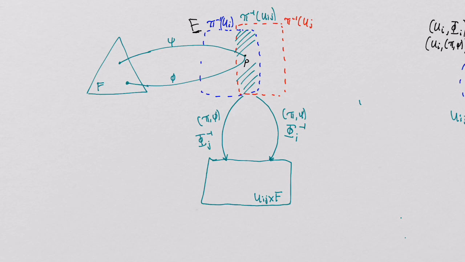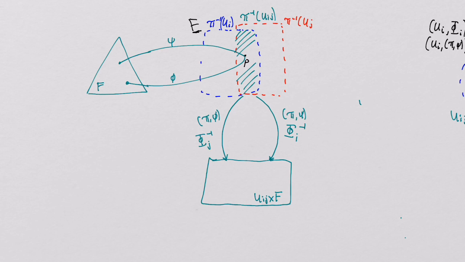So if I stick with psi and phi, all I'm doing is getting rid of these base points and considering this region as being mapped into F itself directly. And that's not a problem, because even if I execute this mapping, I can just execute another mapping where I erase that and map it directly to F by projecting out the first part of the ordered pair.